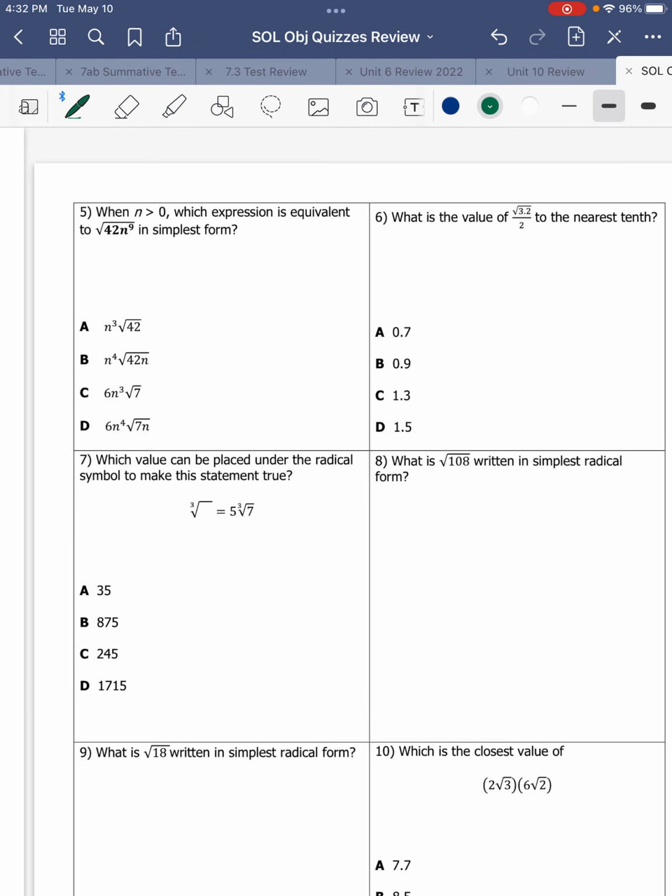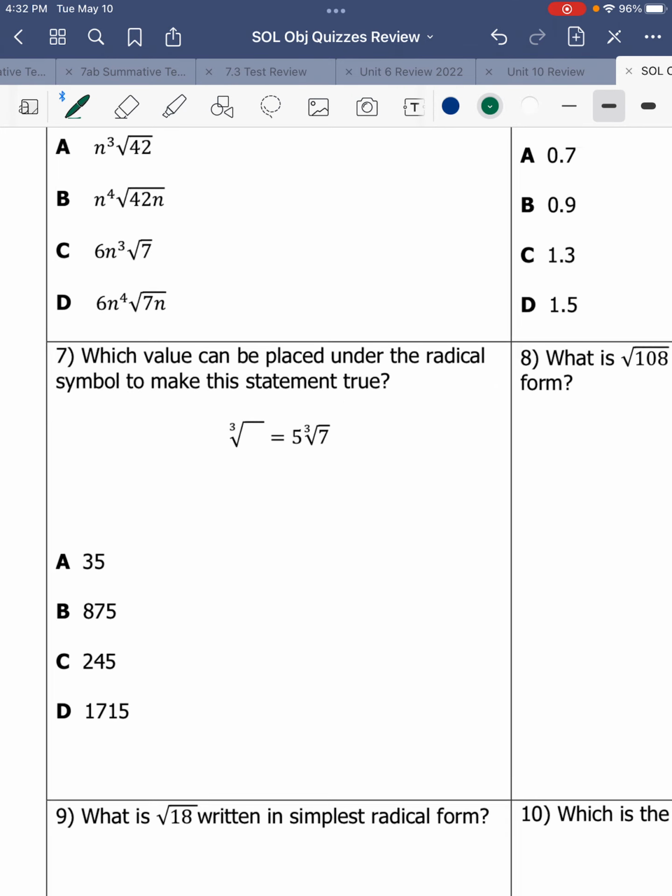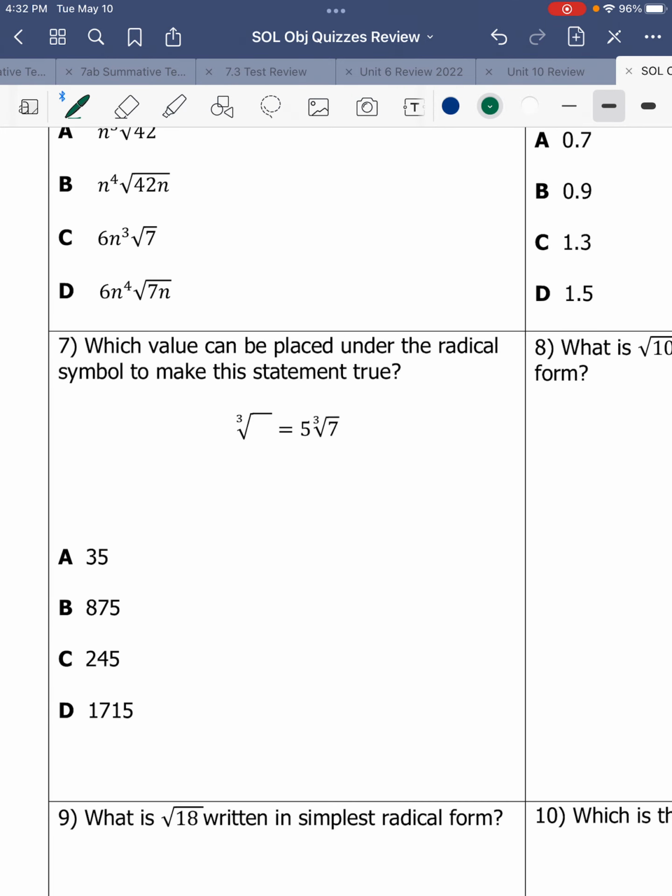I don't think you should have any problems with any of the others. Number 5 is very similar to the one we just did. Number 7, that one looks pretty challenging. But what it's saying is take each one of these numbers and put it underneath the cube root and see which one it equals. So does the cube root of 35, what does that equal? Cube root of 875.